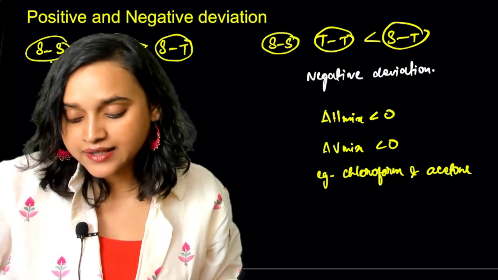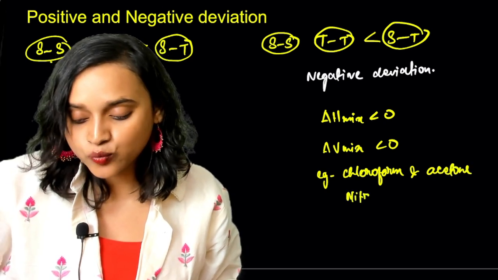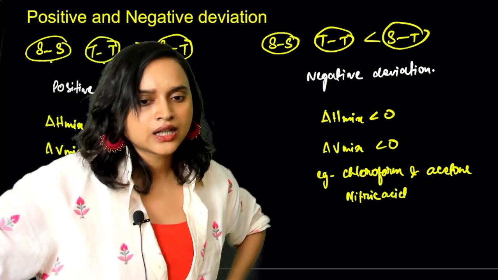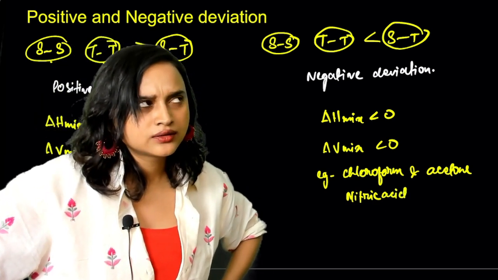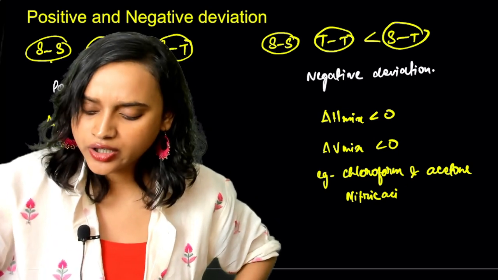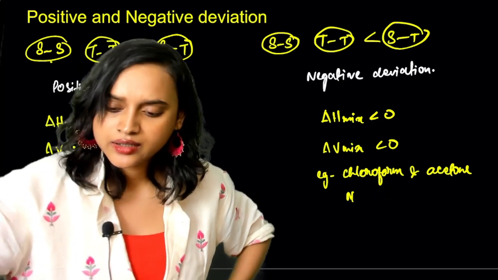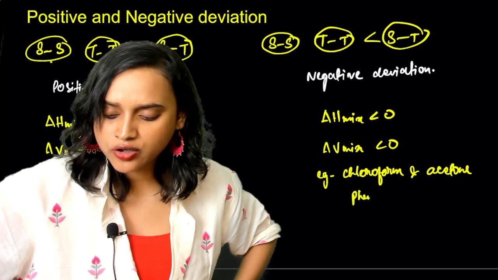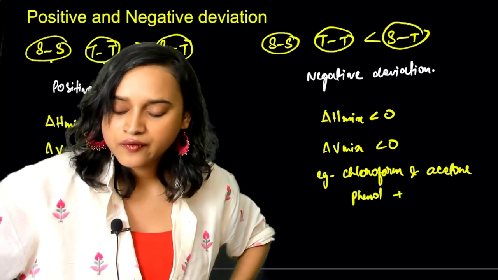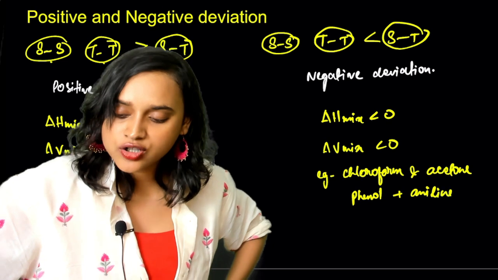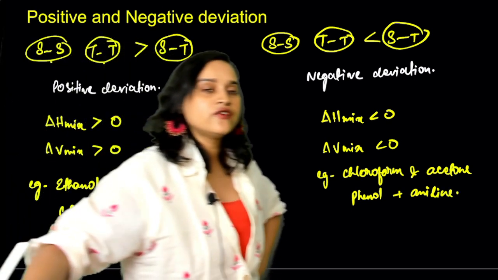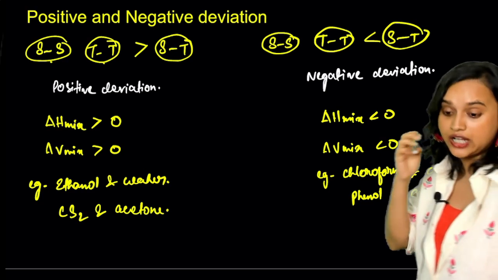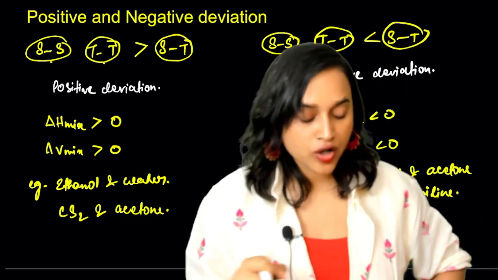Apart from this, another example is nitric acid plus water. No, sorry, I think I must have forgotten. I'm not very sure, you can check this out later, but let me write what I'm sure about. Phenol plus aniline. If you mix here also, you will see a negative deviation. Okay, all right.